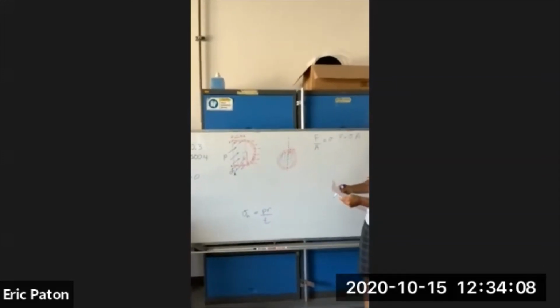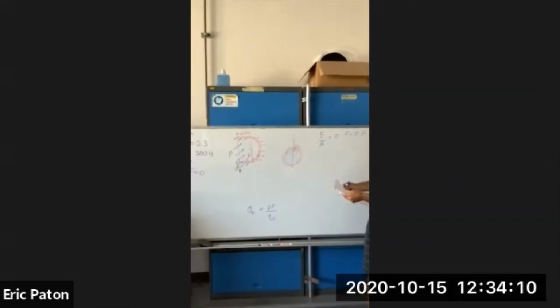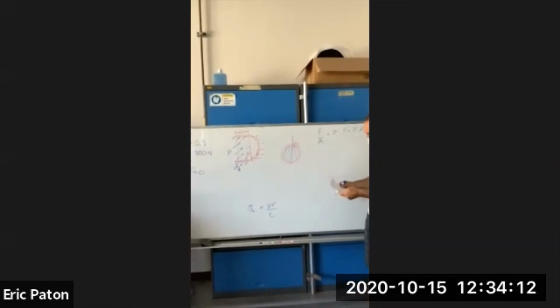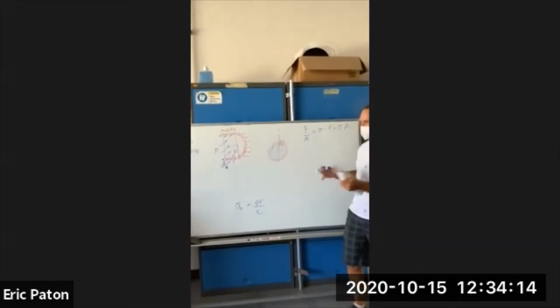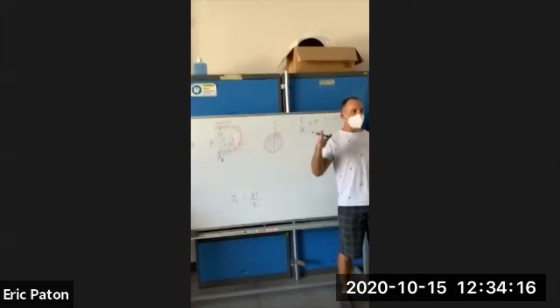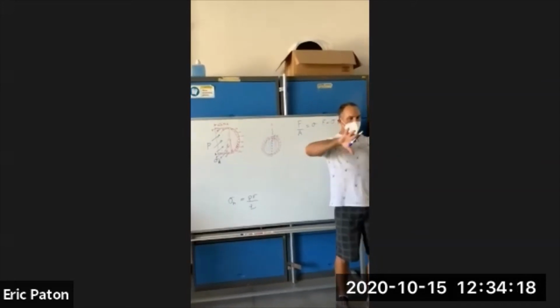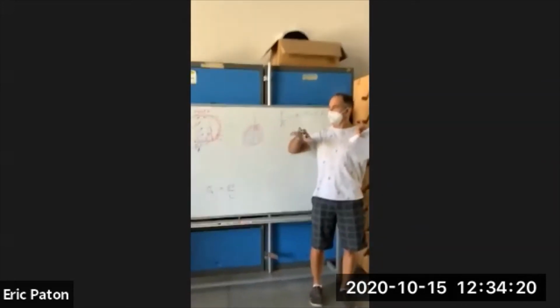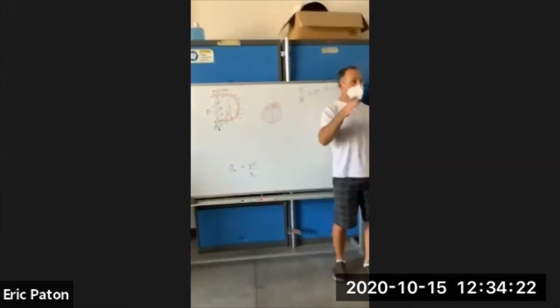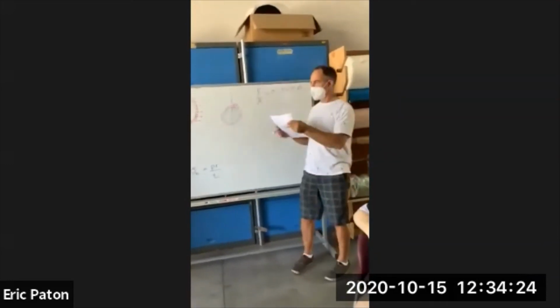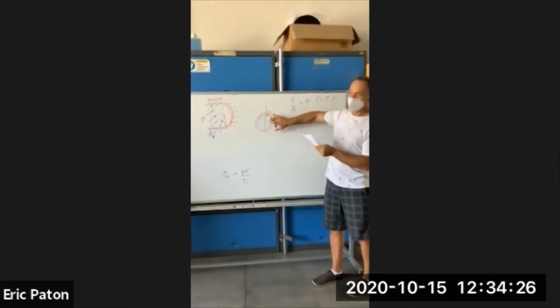And now we have the pressure force, which is basically the end caps. The pressure is acting on the end caps of the cylinder, and it's causing it to lengthen, right? And so that is the blue area here.